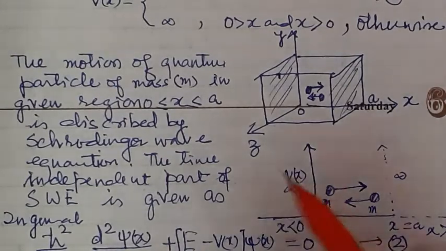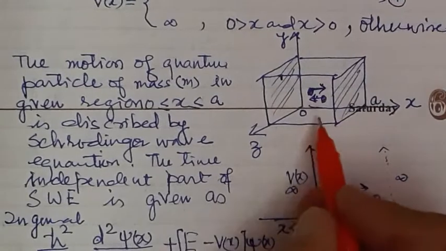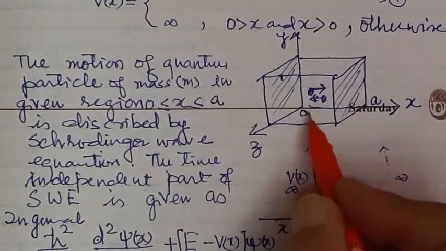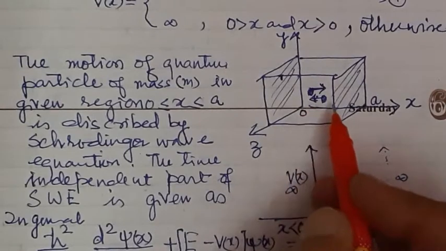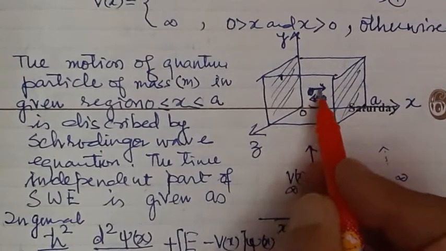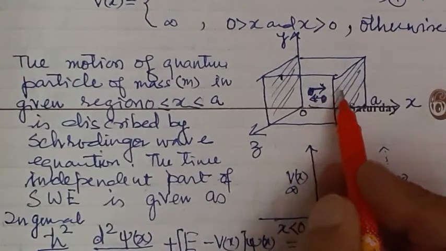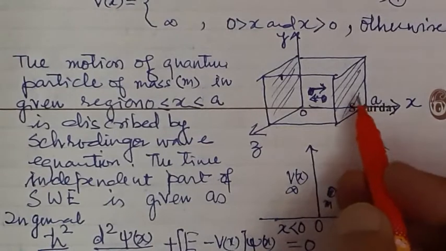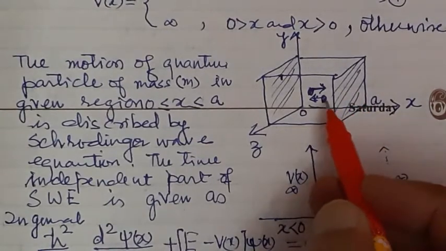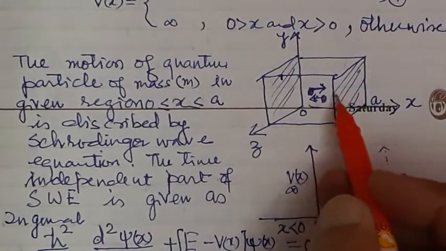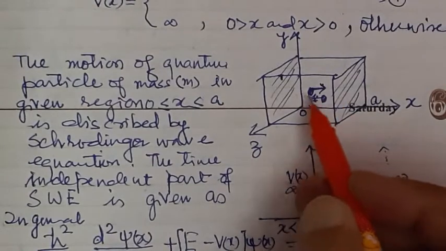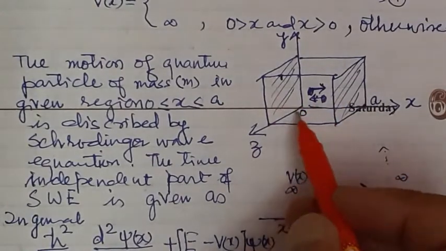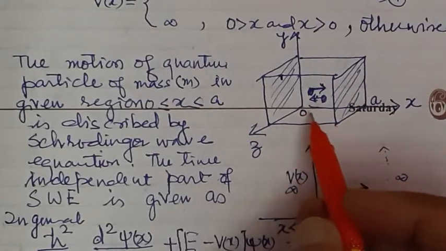Let's say this is the box of length a. It has motion only along the x-axis. So this particle is moving towards this wall, one end of the box, and it is returning back from this wall towards the other wall, which is situated at x equal to 0.